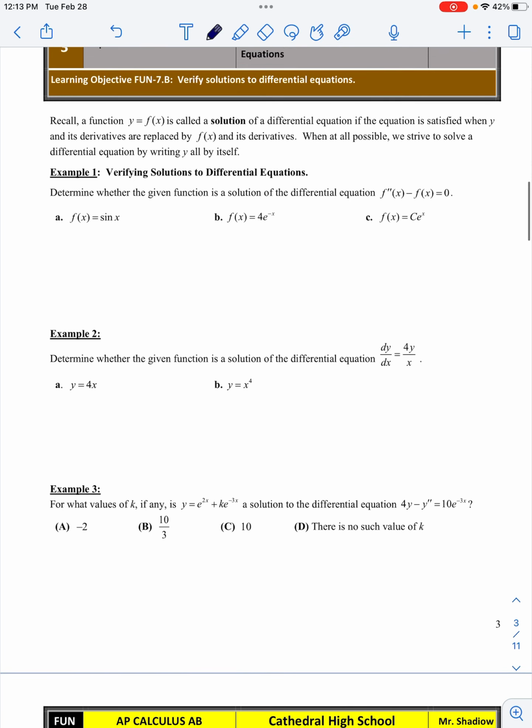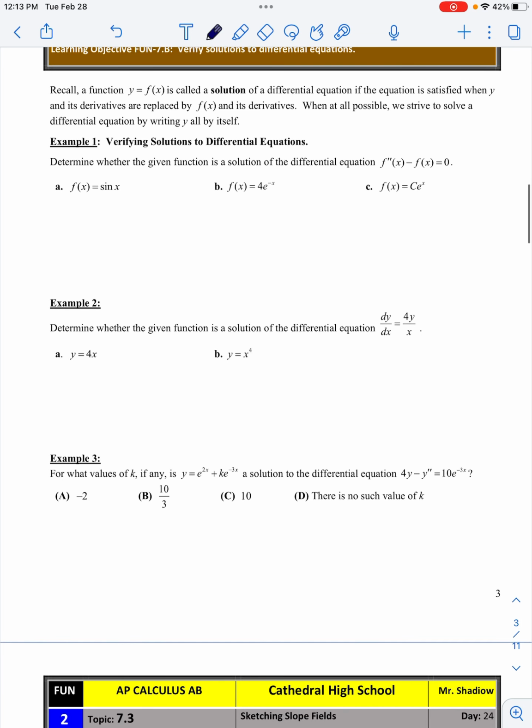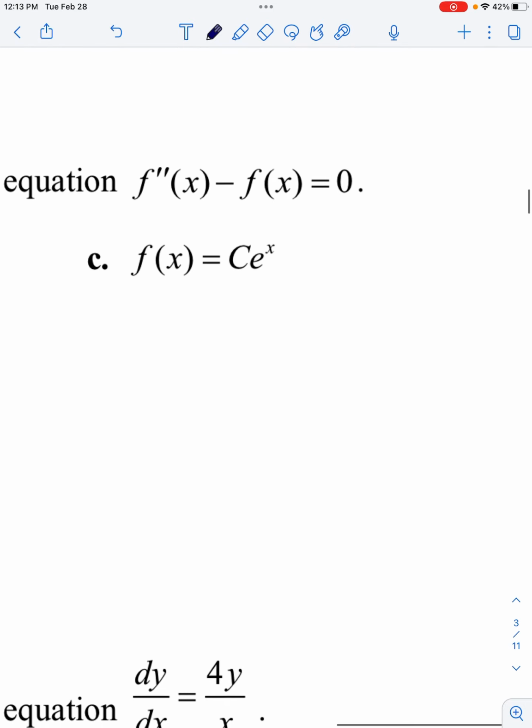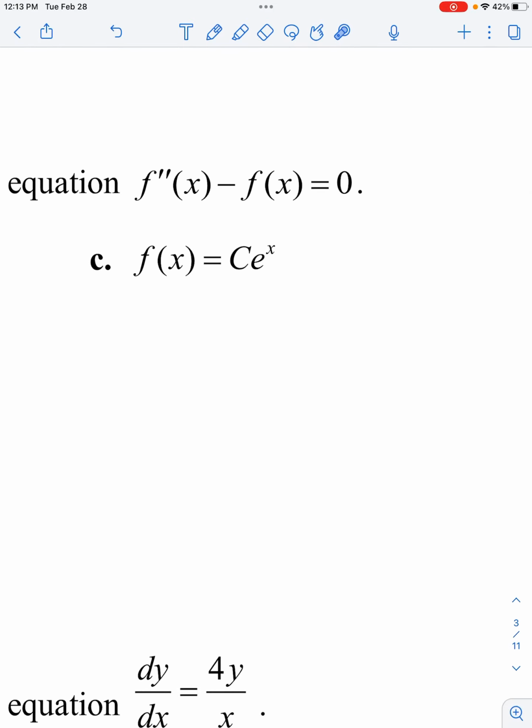So this is about verifying solutions to differential equations. We have a differential equation here. Why is it a differential equation? It relates a function f to its second derivative. Whenever a function appears in the same equation as one or more of its derivatives, that's what we call a differential equation.